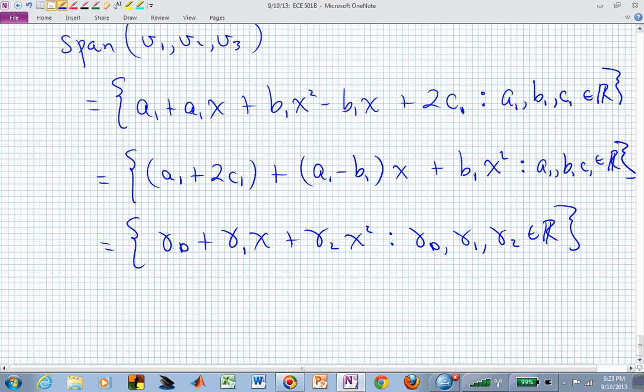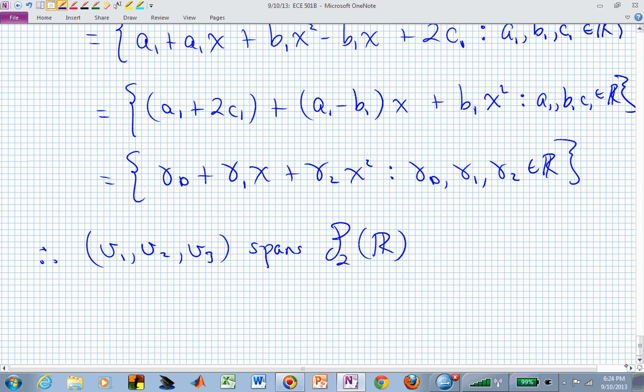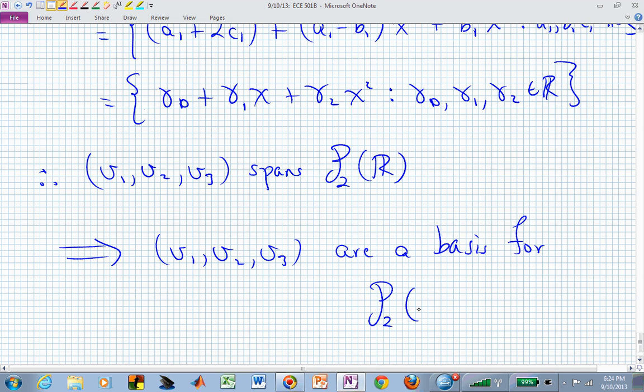So this set of vectors, v1, v2, and v3, spans this entire second order set of polynomials, and now we can say that v1, v2, and v3 are a basis for P sub 2 of R.